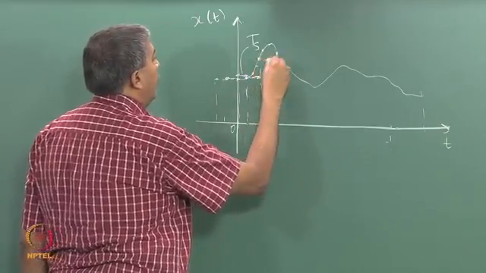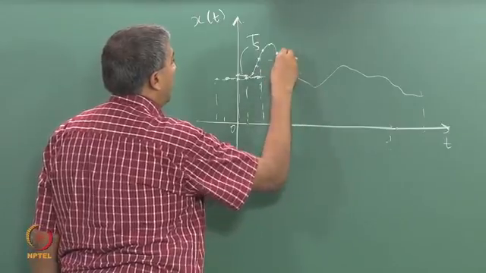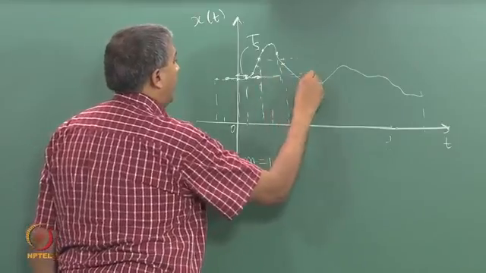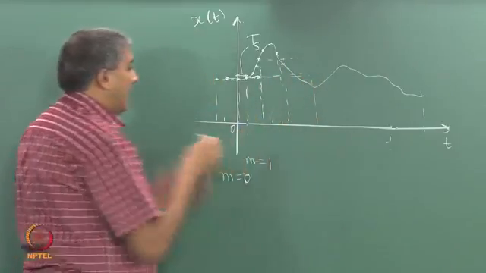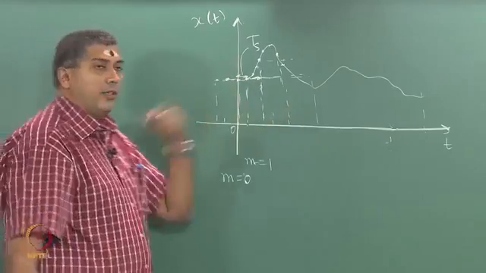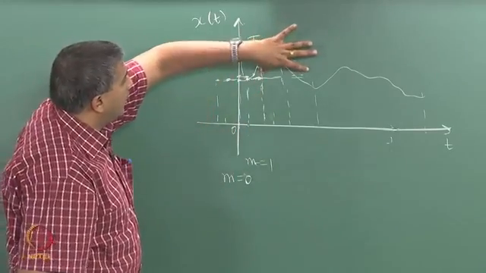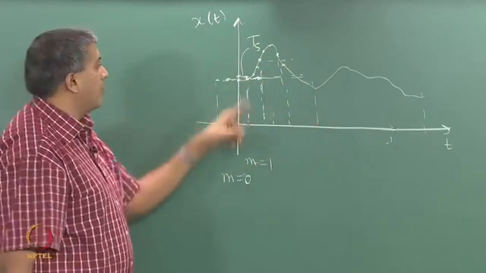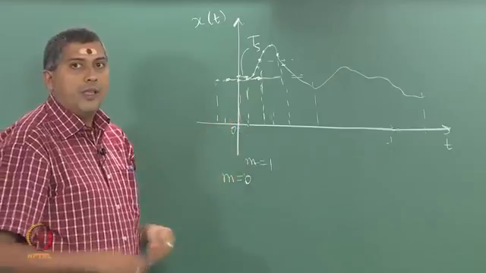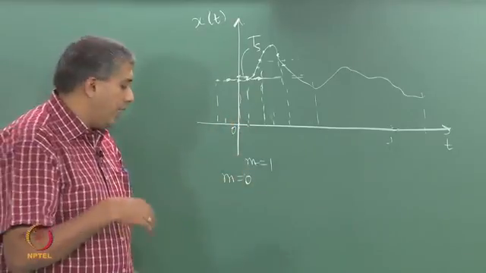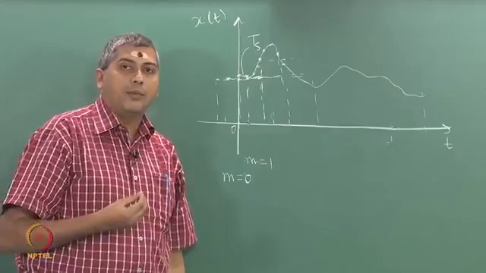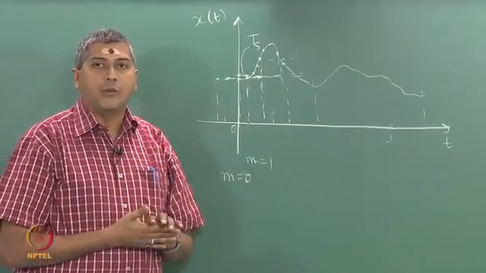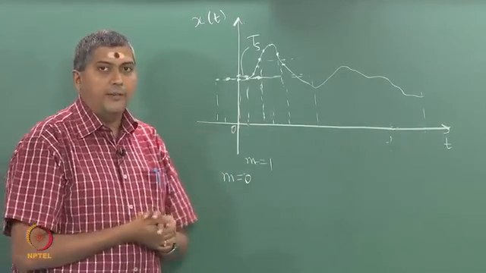Then I move the window here such that now the center of the window is somewhere here. I am not drawing it exactly according to the sampling interval, but you should get the idea. Now what happens is this new window segment will contain a completely different part of the signal that is not seen by this window. If I march ahead this way, then I will generate what is known as a compact representation. Okay. This is also going to be the idea in the discrete wavelet transform. So, it is important to get it right.